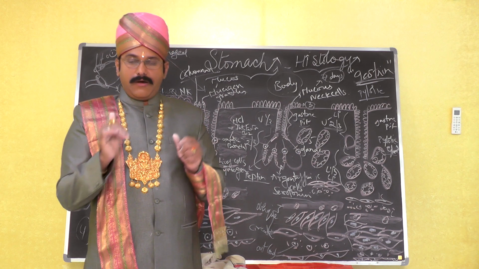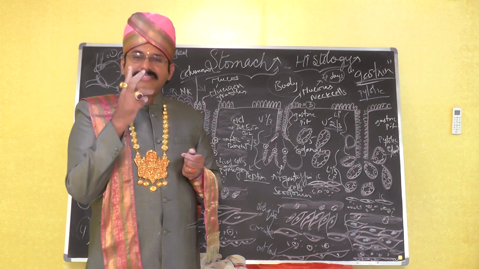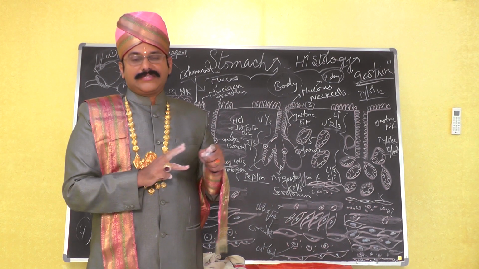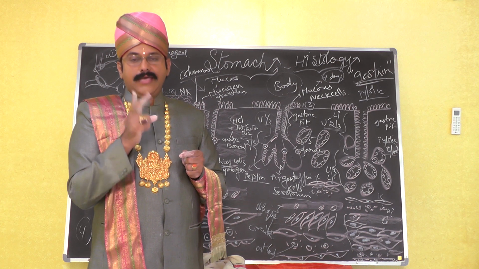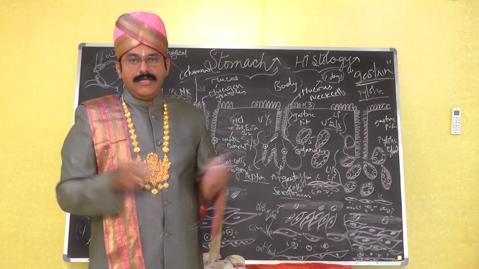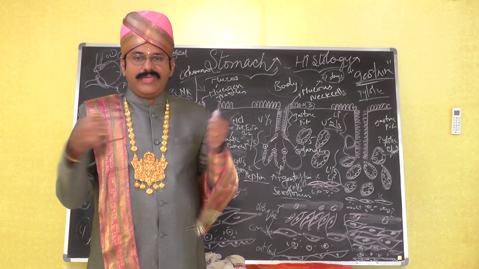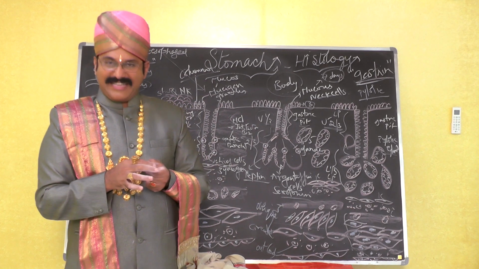But in the body of the stomach, there is an oblique muscle coat. So you have 3 muscle layers in the body of the stomach. Innermost is the oblique muscle layer, followed by the circular muscle layer, followed by the longitudinal muscle layer. And what is the action the stomach is doing? Churning of the food. That's why we compare the stomach with a grinder.